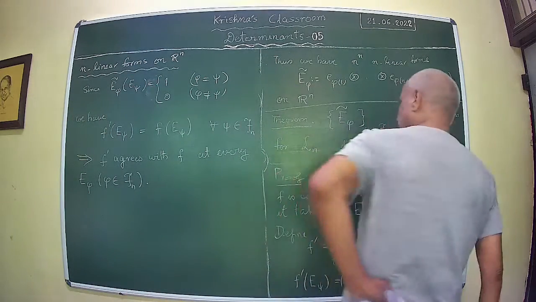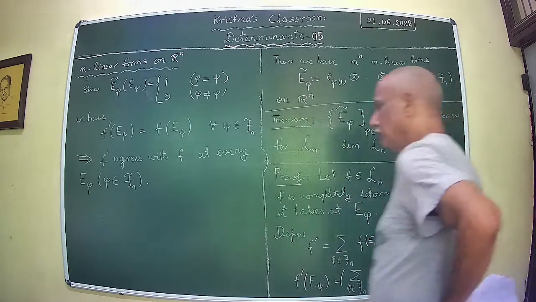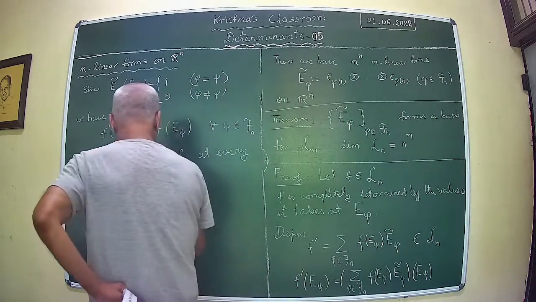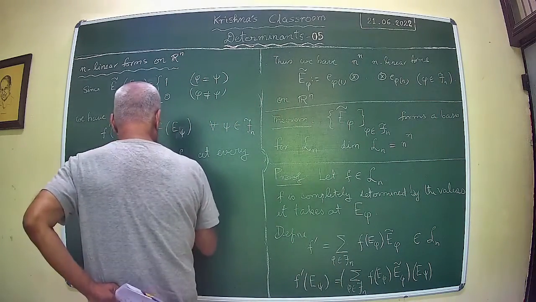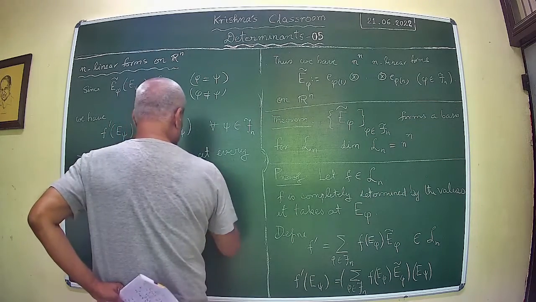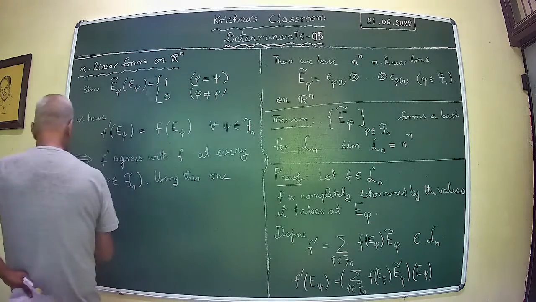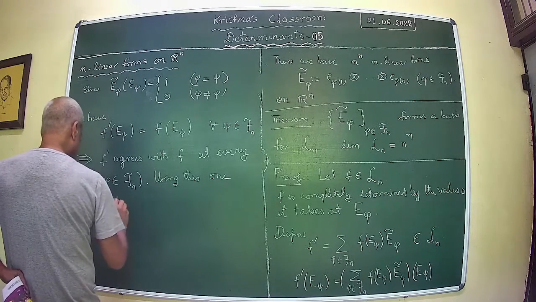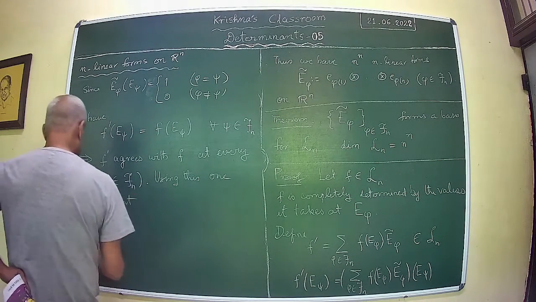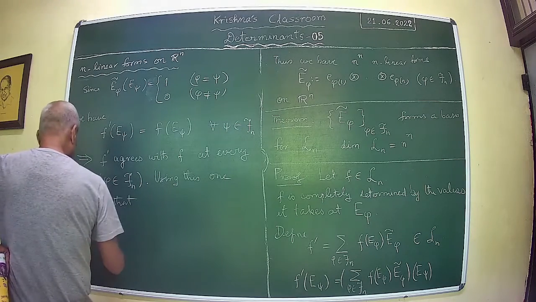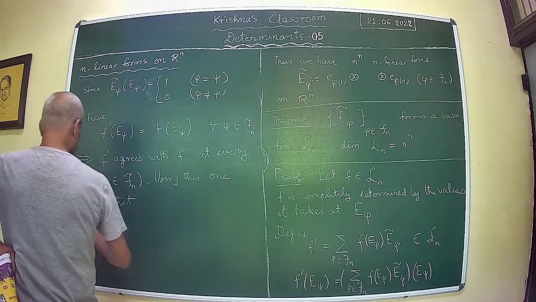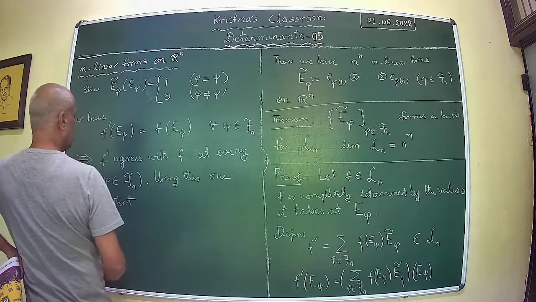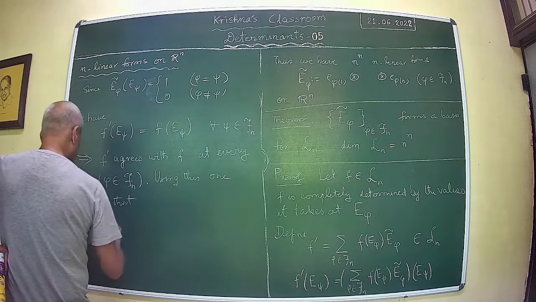Now one can easily show, using this, that it's a routine exercise that f prime of x1, etc., xn equals f of x1, etc., xn.